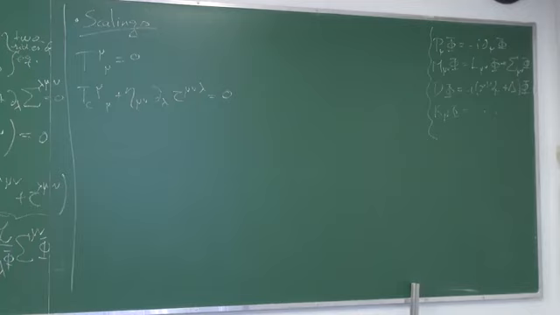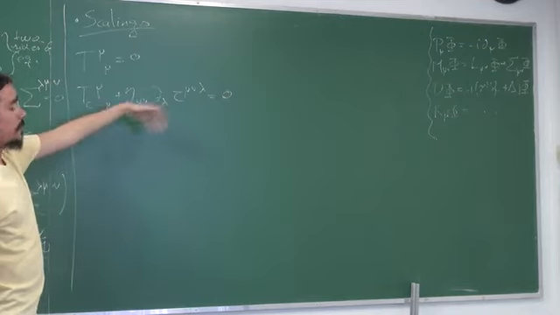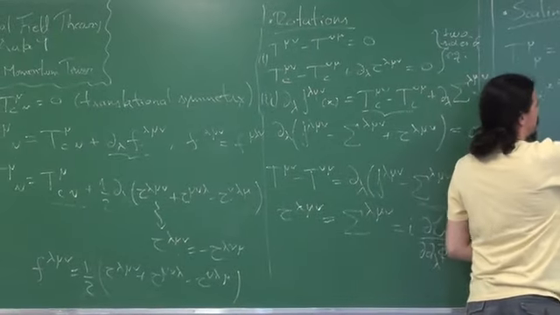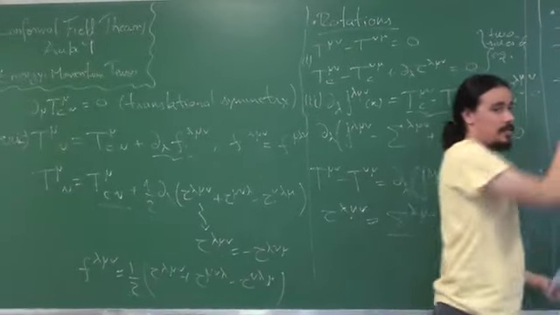This vanishes. And I trace this guy, so I get a plus. So the factor of 2 vanishes, and I end up with this.